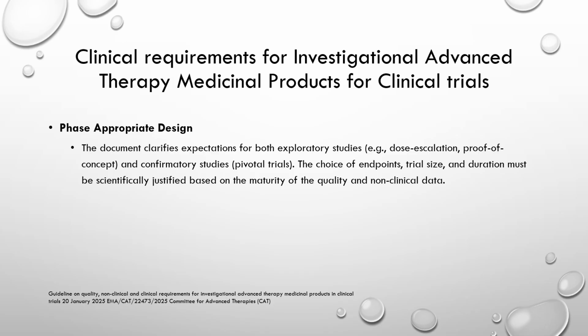You can also have clinical data as well. If you're looking at confirmatory studies, you may have clinical data, but how you design your prospectively designed study has to be appropriate to the phase.